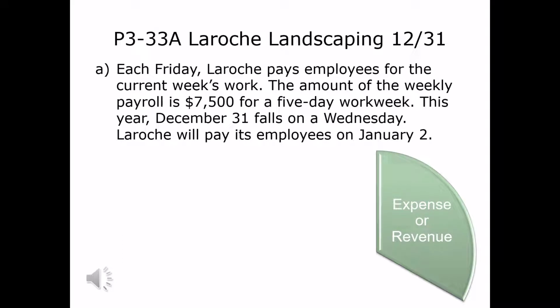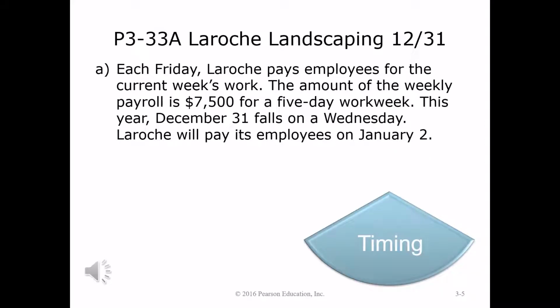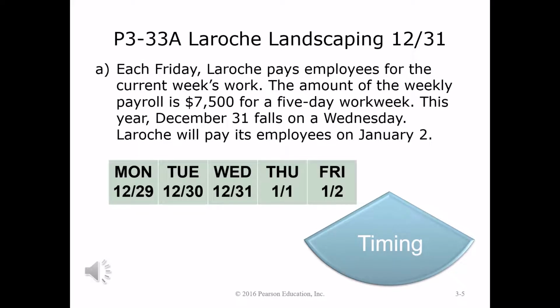Next, let's talk about the timing issue. We are told in this explanation that the payroll is paid on Friday for that week's work. That means on every Friday, we pay $7,500 to our employees that covers that week. This year, December 31 falls on a Wednesday. That means that Monday through Wednesday's paydays aren't going to be paid in December.